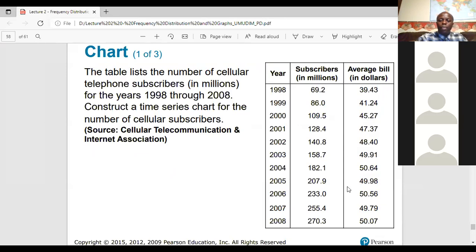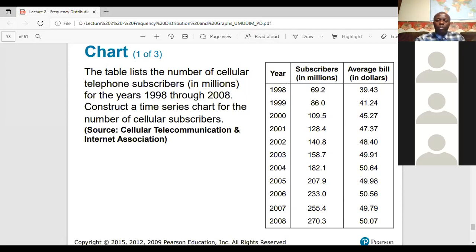Now you cannot graph the subscribers and the average bill in the same graph because they have different units. This one is only in numbers, millions of subscribers, but this one is in dollars. So they can't be put in the same graph. We can graph only the year and the subscribers, or the year and the amount they spent on their telephone bill. So let us choose year and subscribers.